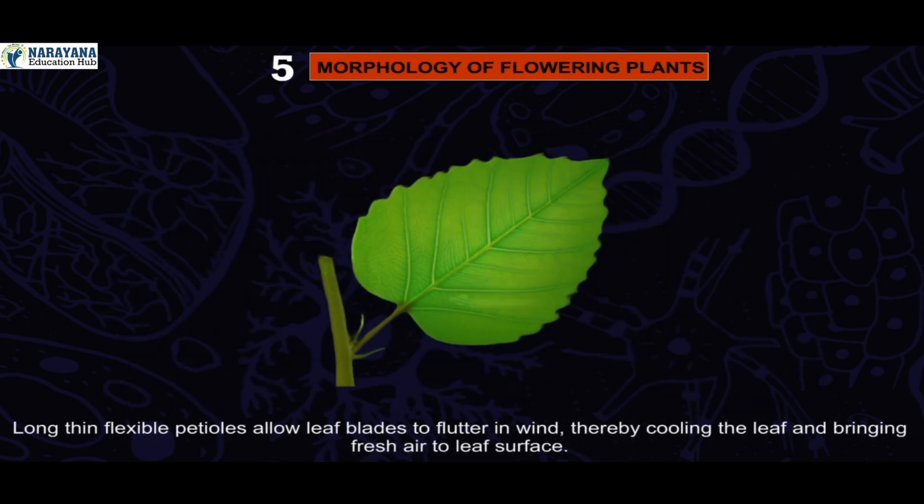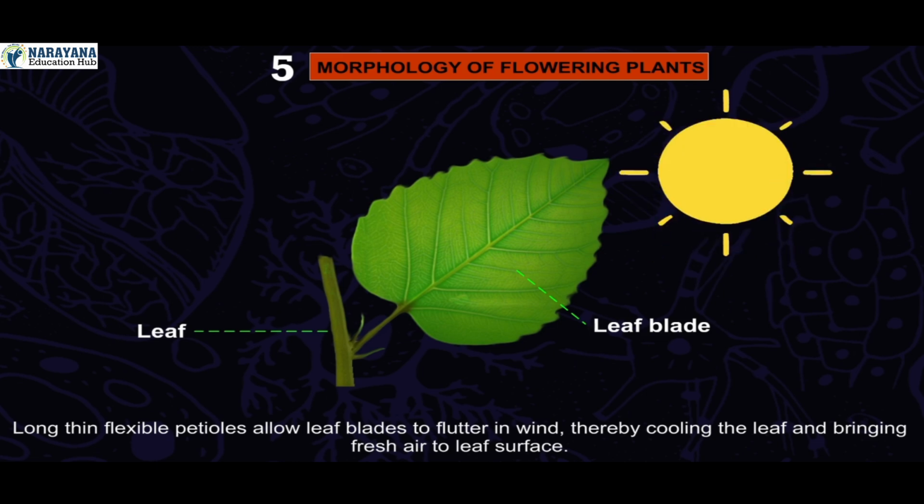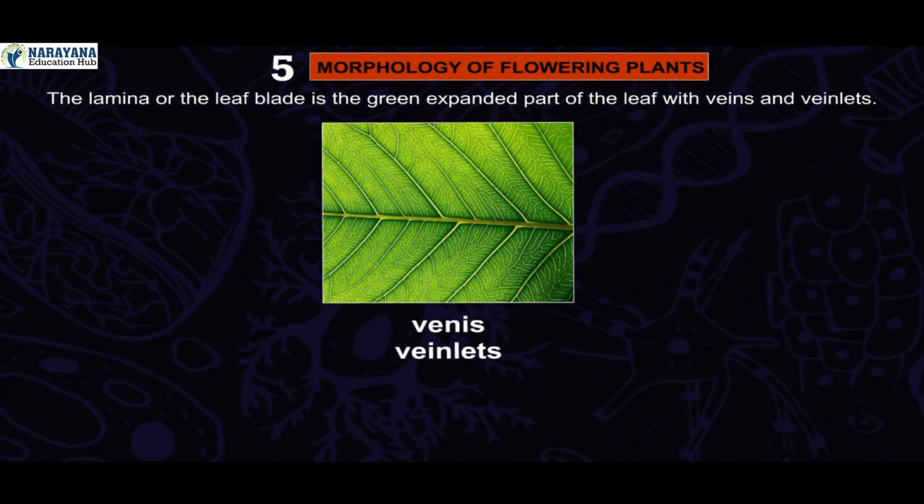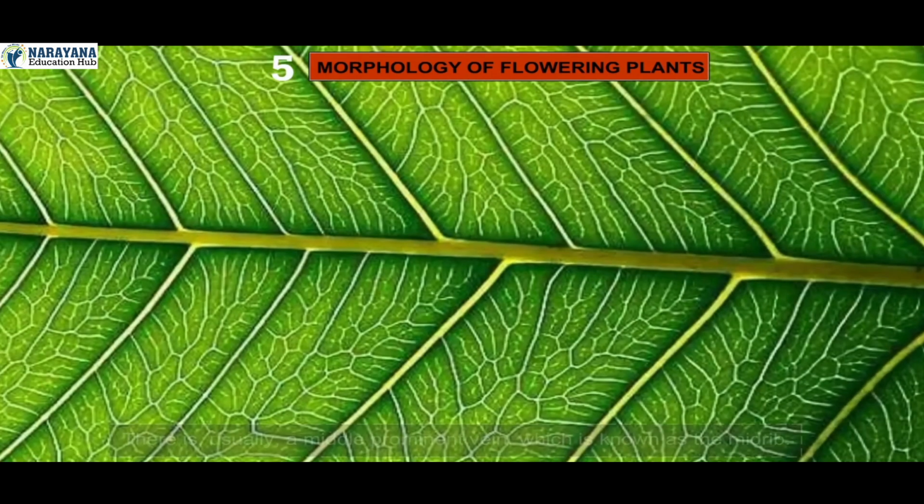Long, thin, flexible petioles allow leaf blades to flutter in wind, thereby cooling the leaf and bringing fresh air to the leaf surface. The lamina or the leaf blade is the green expanded part of the leaf with veins and veinlets.